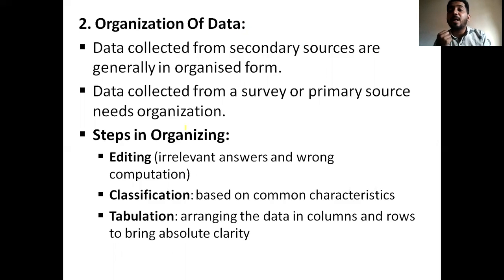For absolute clarity, or for better clarity. It is necessary to give clarity of work. That is why we need to present the information in tabular columns. So these are the processes involved under organization of data.